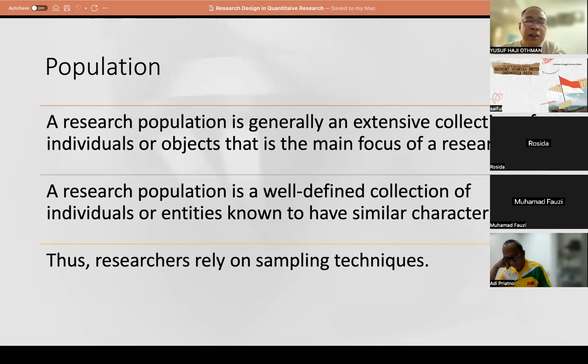So there are ways to choose the sample size, and there are also the sampling techniques that we can choose.